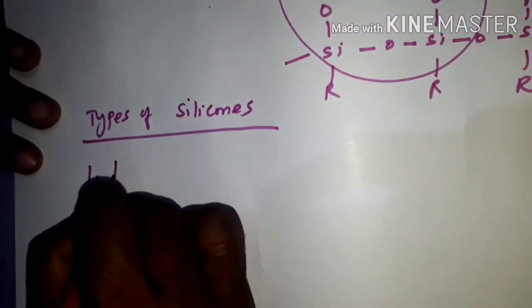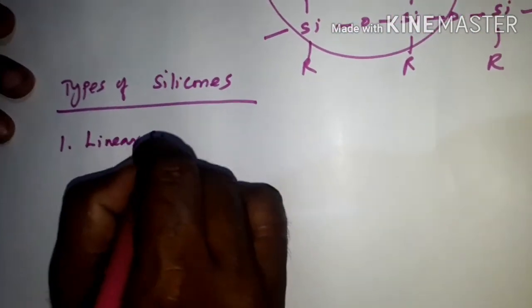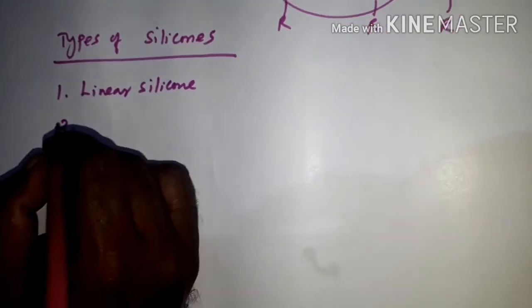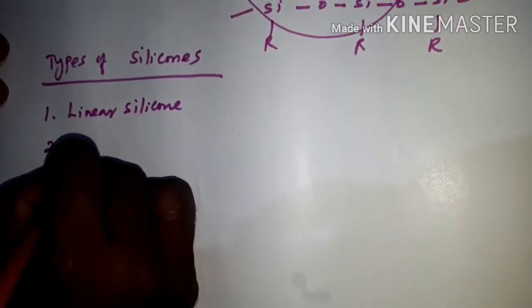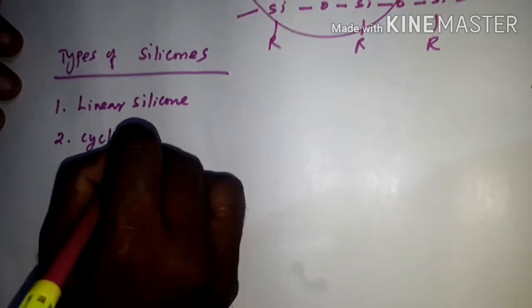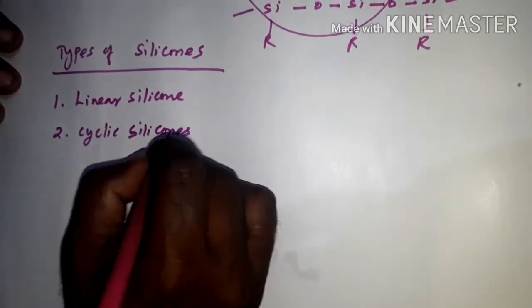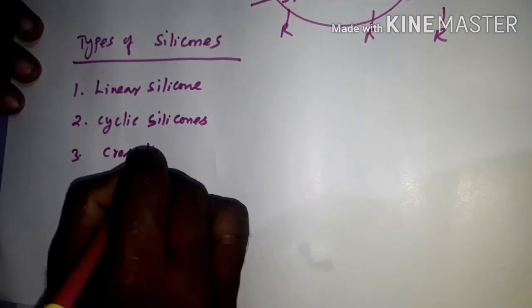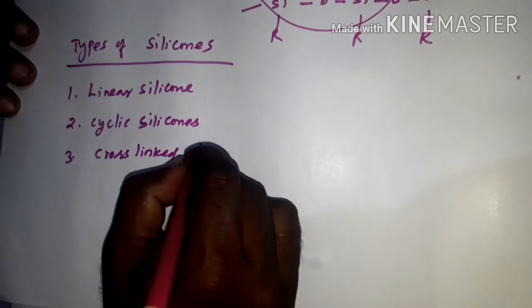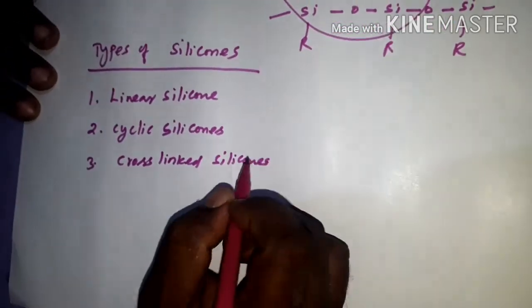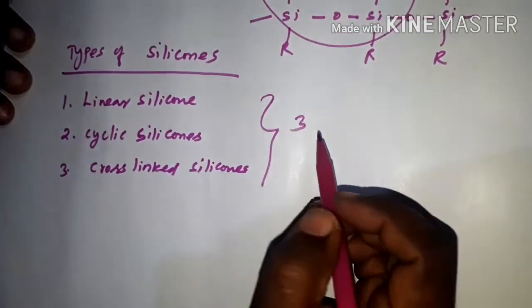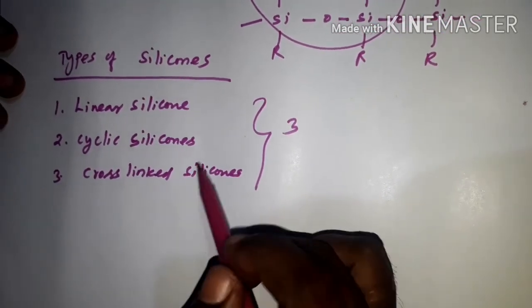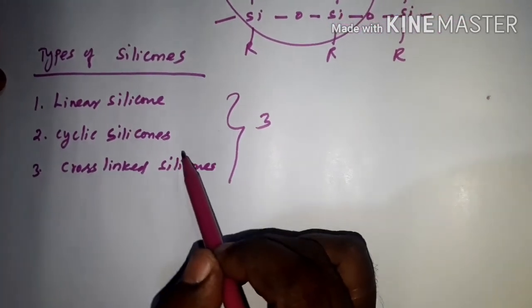One is linear silicone, another one is cyclic silicones, another one is cross-linked silicones. So there are 3 types: linear silicone, cyclic silicone, and cross-linked silicone. So we will see one by one the types of silicones.